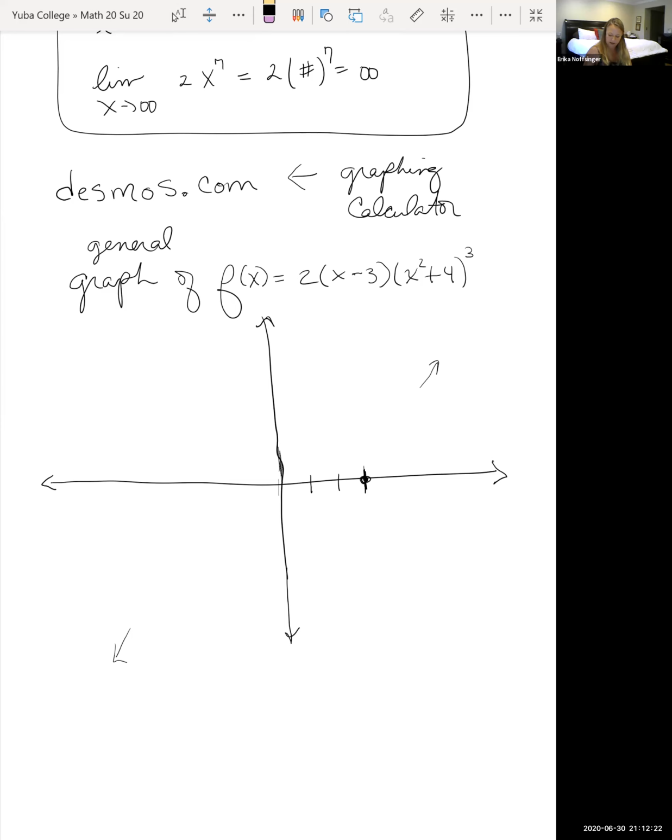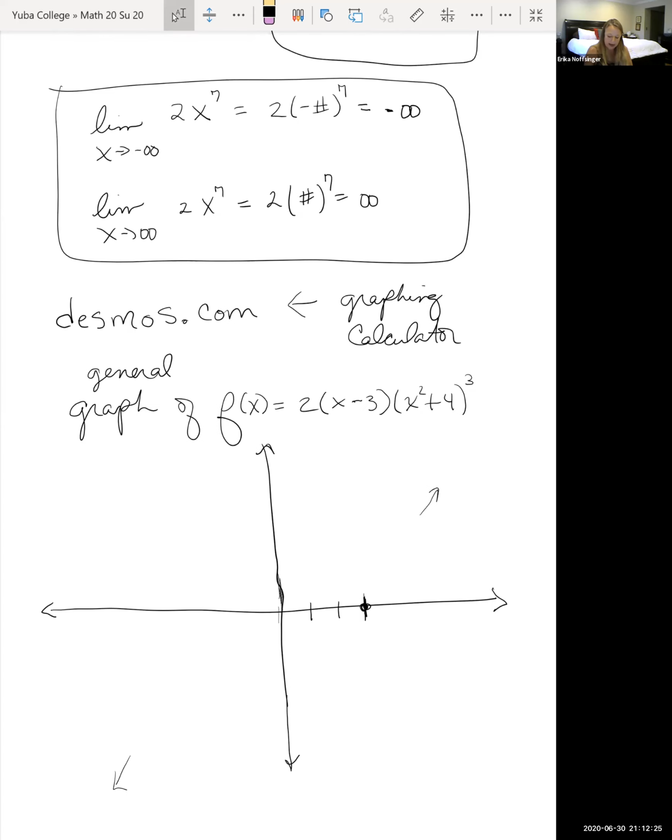Only other thing I know in here is I can figure out the y-intercept by plugging in 0 for x. If I do that, though, I'm going to get some pretty small number. Because if I FOIL out x squared plus 4 times x squared plus 4 times x squared plus 4, it would be 4 times 4 times 4.